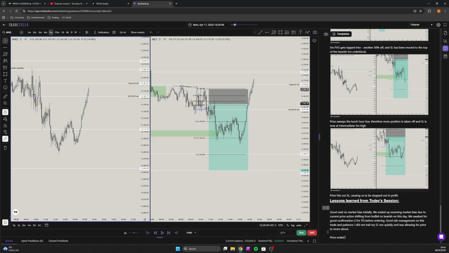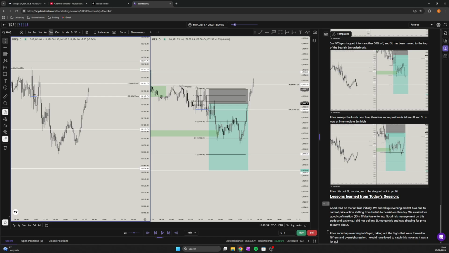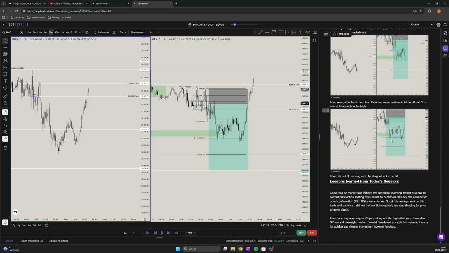Price ended up reversing in New York PM, taking out the highs that were formed in New York AM and overnight session. I would have loved to catch this move, as it was a lot quicker and cleaner than mine. However, boo-hoo, right? That's the correct way to go about it.